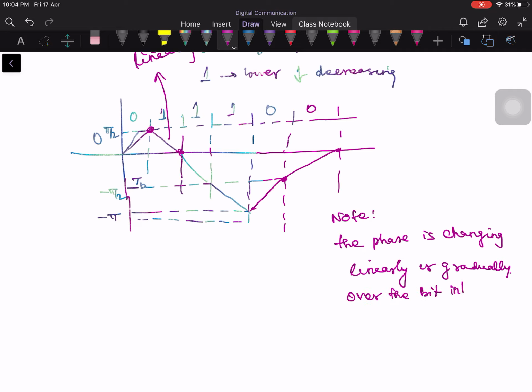So this is an important point that we need to remember in MSK. That is why this is very popular in digital communication systems, because it gives the constant envelope signal.